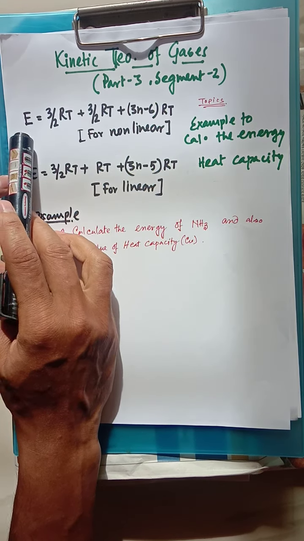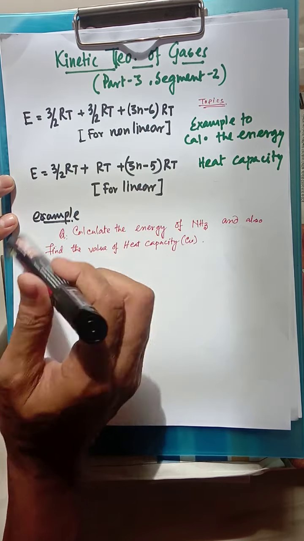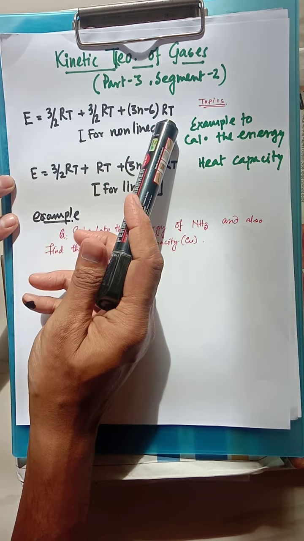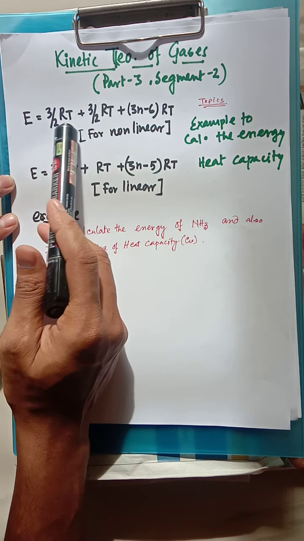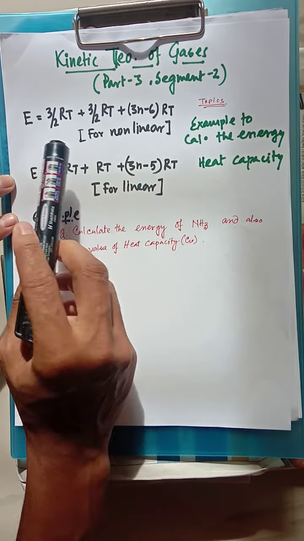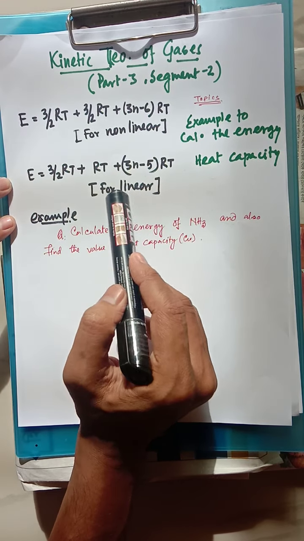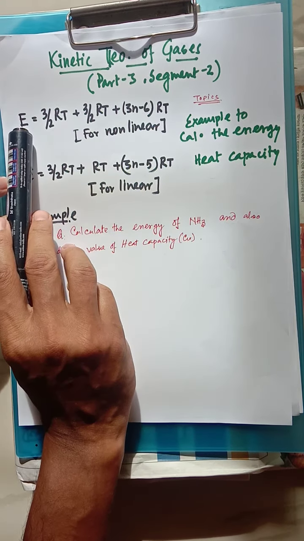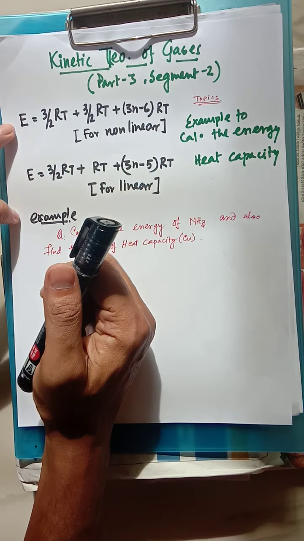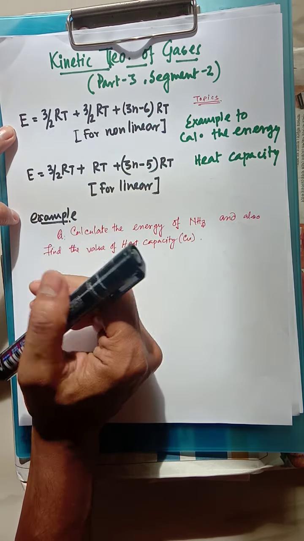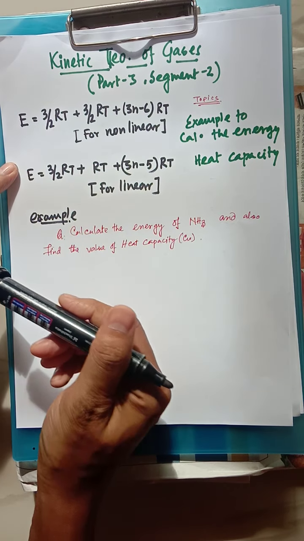As I already mentioned in the last video, this is the total energy calculation expression for non-linear molecules. This is the total energy calculation expression for linear molecules. It is written for 1 mole, which is why k is replaced by capital R, the ideal gas constant.